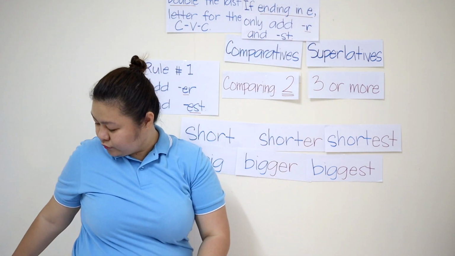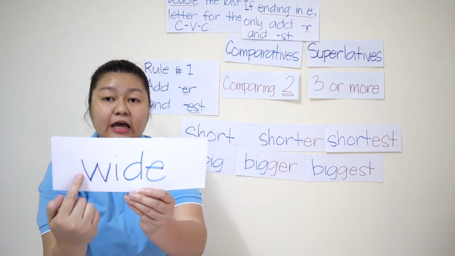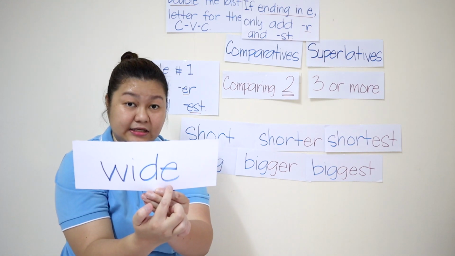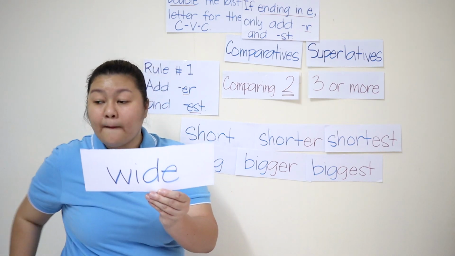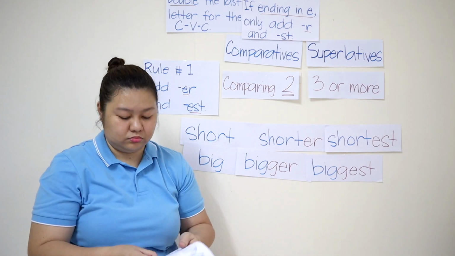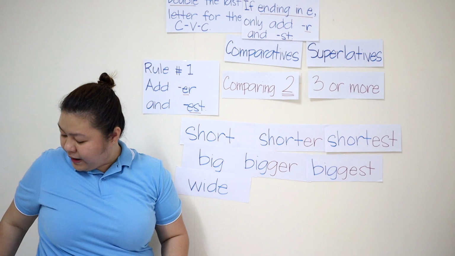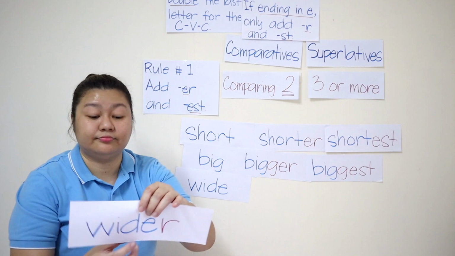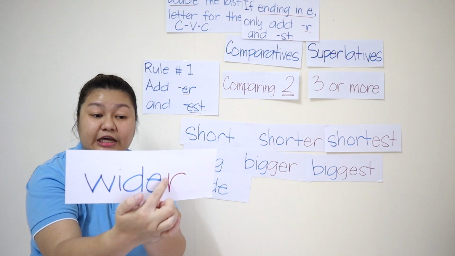For example, we have here the word wide. If you look at the word wide, the last letter here is letter E. So it means we will not add ER or EST, but instead, the word wide, in our comparative form, becomes wider. See, we will not add letter E here anymore.